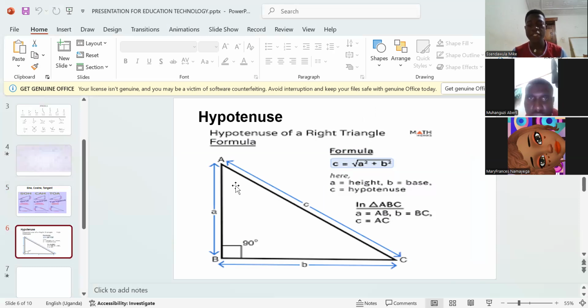If I want to find any side, if at any point I'm given sides A and B and they need C, this is the formula that we can use. C is equal to the square root of A squared plus B squared. So that is the formula that we generally use.